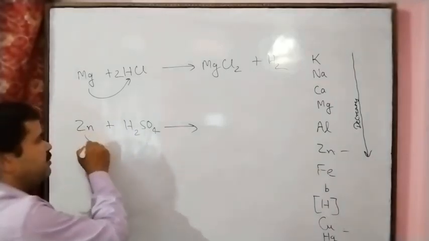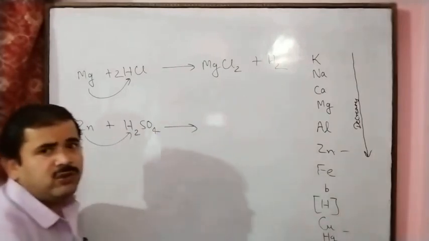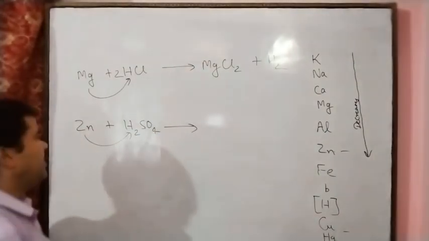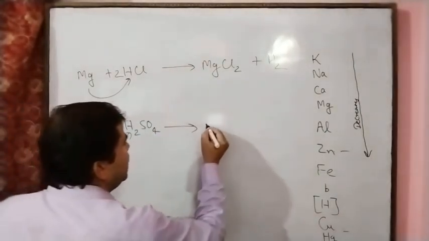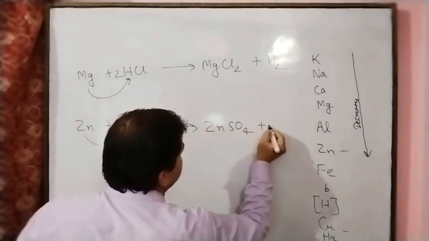Zinc displaces the hydrogen because zinc is placed above the hydrogen, and we get the compound ZnSO4 plus H2.